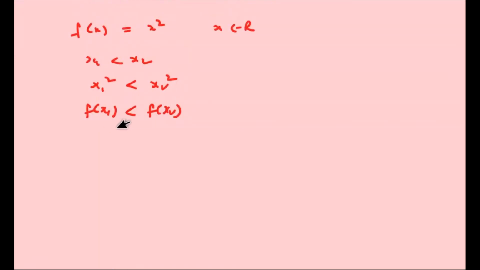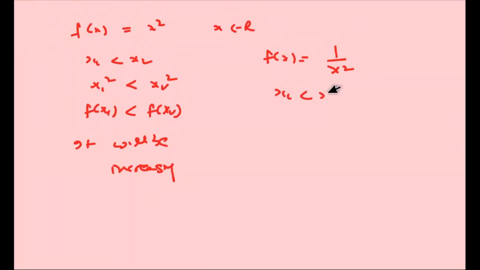So without drawing, we can say it will be increasing. Now let the function be 1 upon x square, and x1 less than x2, x1 square less than x2 square, and 1 upon x1 square greater than 1 upon x2 square.